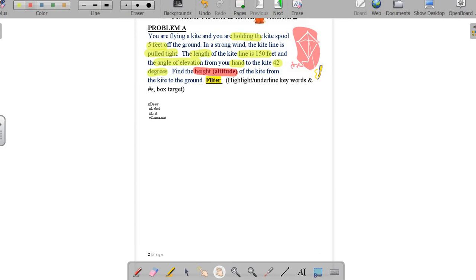First off, in all storylines, you should have some sort of ground established, or if it's a water line of some sort, water. So ground. And we have a kite of some sort.